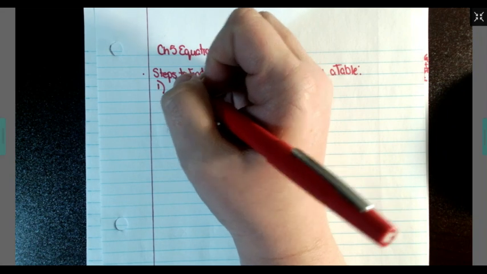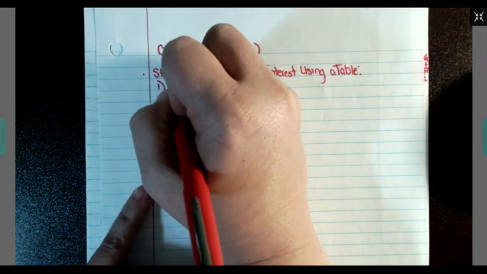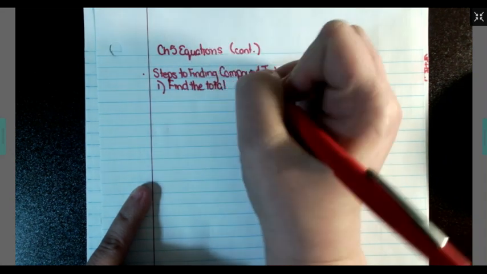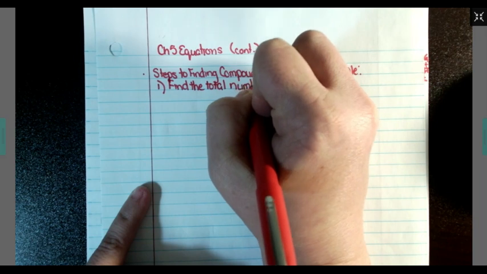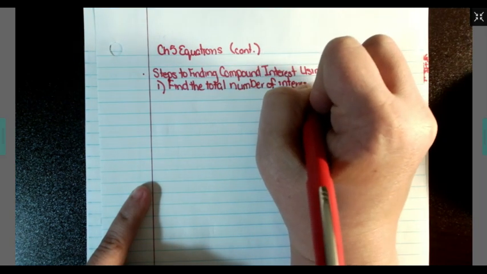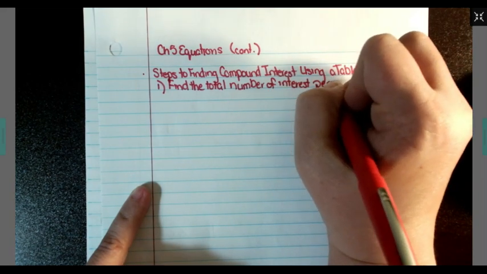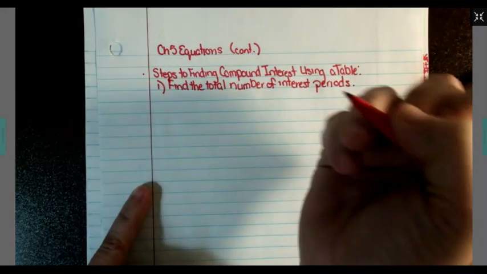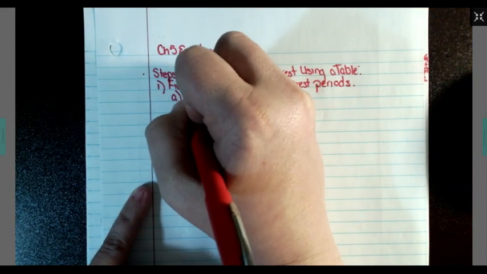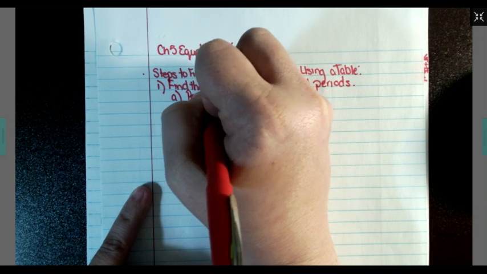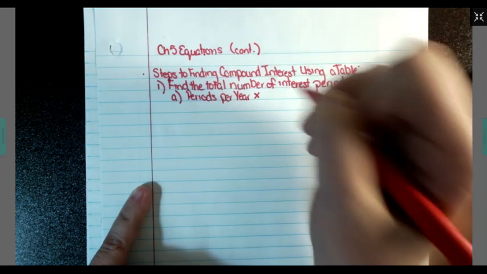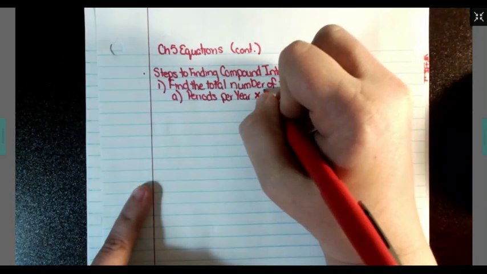Find the total number of interest periods. In order to do that, we're going to say periods per year times the number of years.